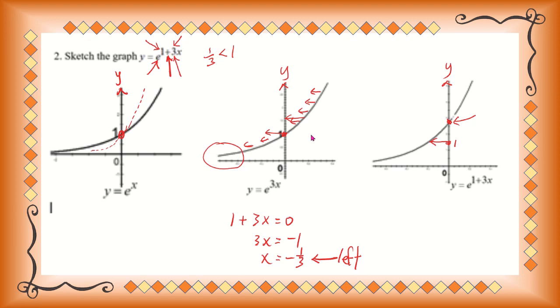So means we need to find the new y-intercept by calculating, sub x equal to 0 into the equation. So we find that the new y-intercept is equal to e. So we label e here.